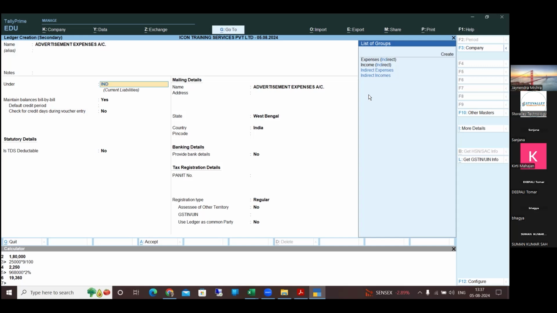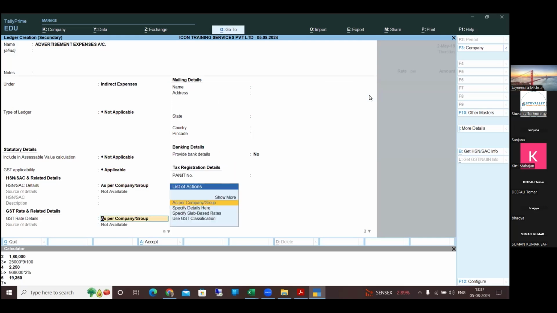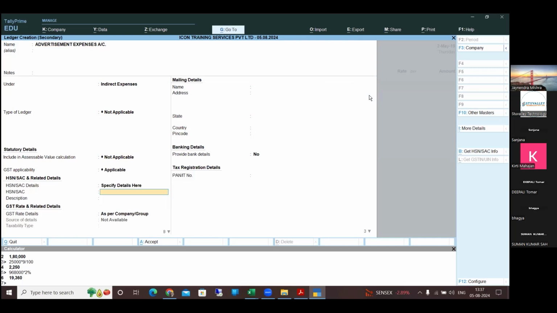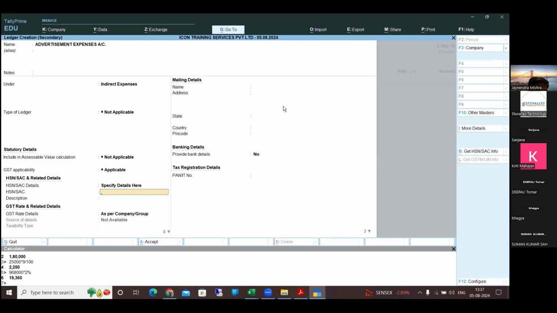All those expenses are called indirect expenses. Not applicable, GST applicable, yes. SAC code we have to specify, friends. Every service has a number, called the SAC code, service accounting code. You will find it on the invoice. Nothing to search, friends, everything is there on the invoice. Enter the name: advertisement services.